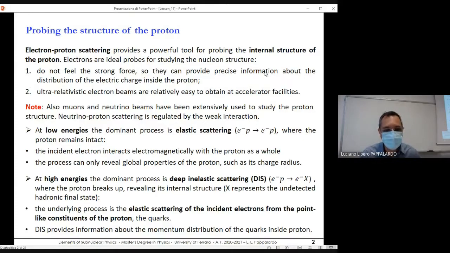So at high energies, the dominant process is now deep inelastic scattering, or DIS, where the proton breaks up in the process, revealing its internal structure. In this kind of process, capital X that you see here in the reaction represents the undetected hadronic final state. The point is that the proton breaks up. Let me close the box.